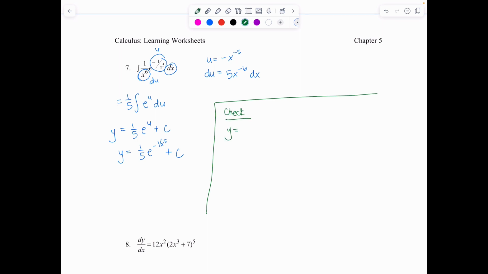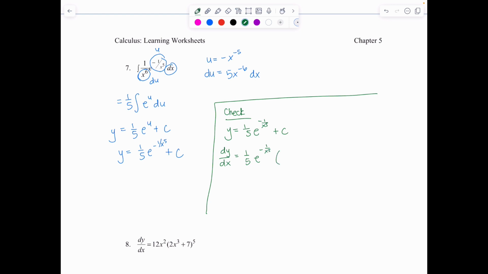If y equals 1/5 e to the negative 1 over x to the 5th plus c, then we take the derivative, dy/dx will give us 1/5 e to the negative 1 over x to the 5th.